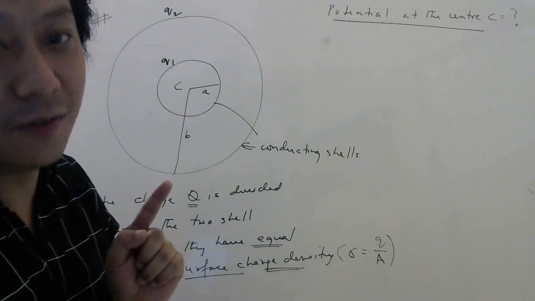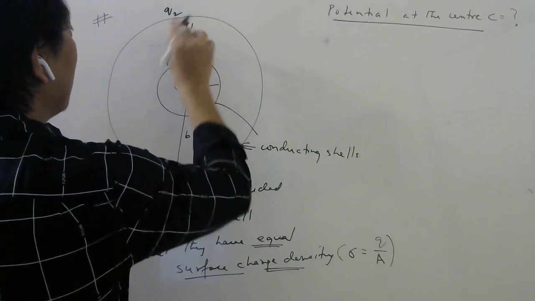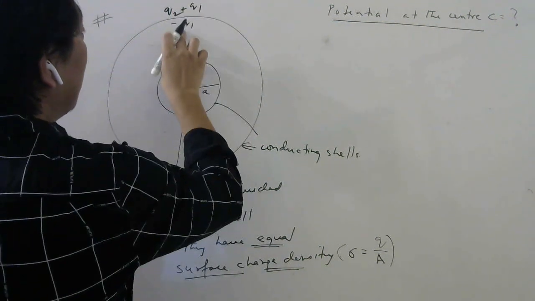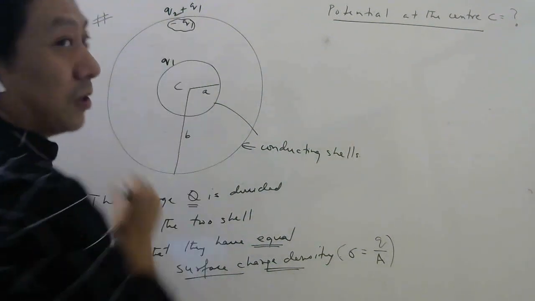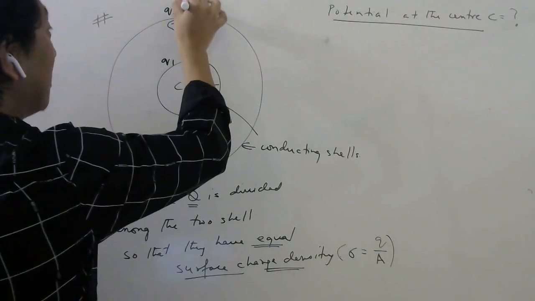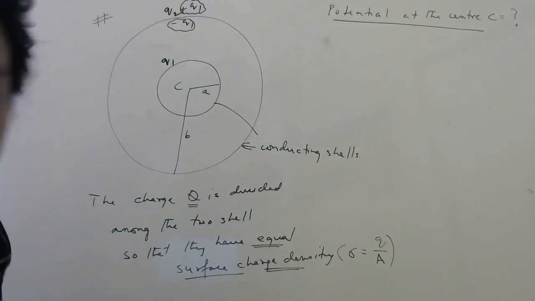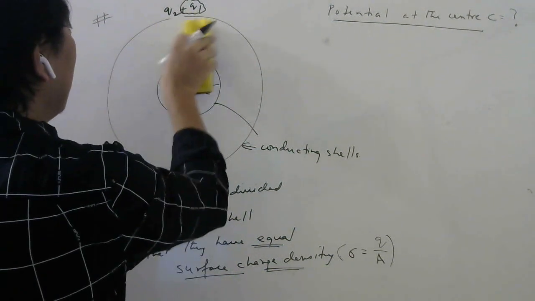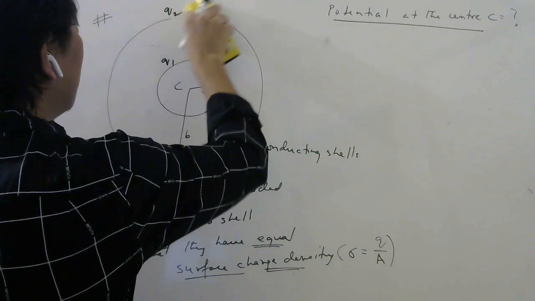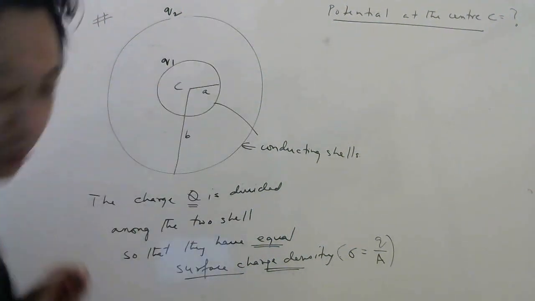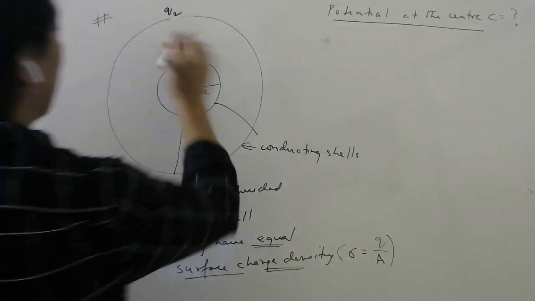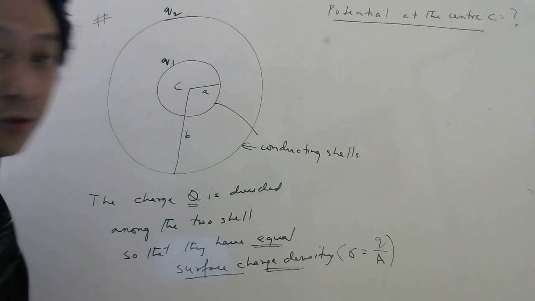Last class also I have told, whatever potential this minus q1 will produce at any point will be cancelled by the potential produced by this plus q1. So while finding the potential, you can forget about the distribution of the charge. You can just say that here charge q1 is there and here charge q2 is there.